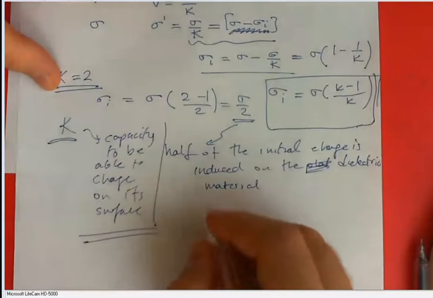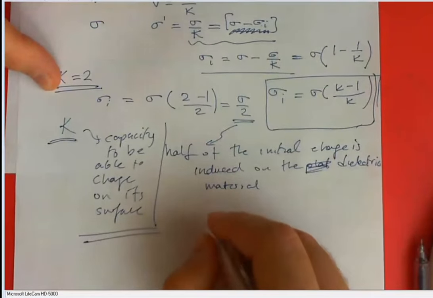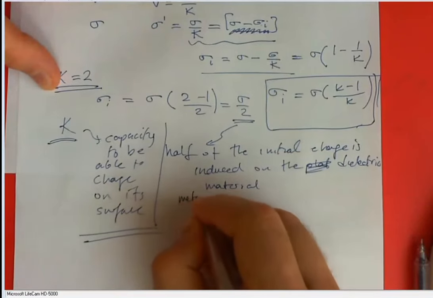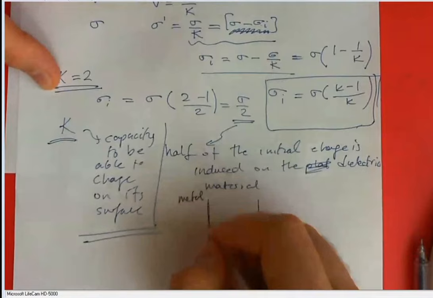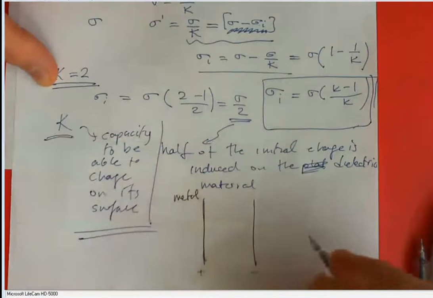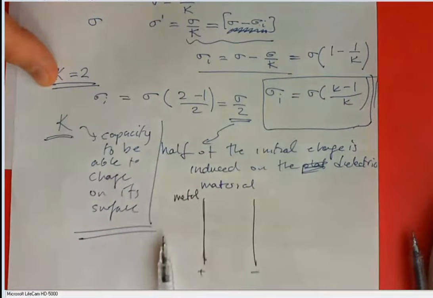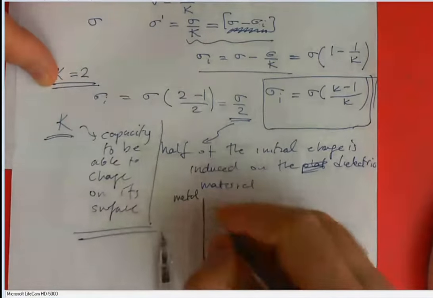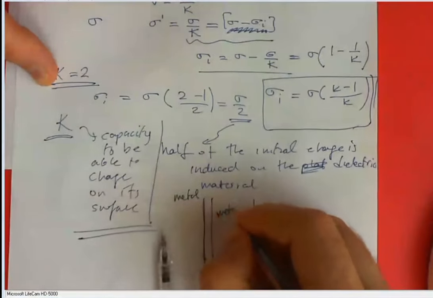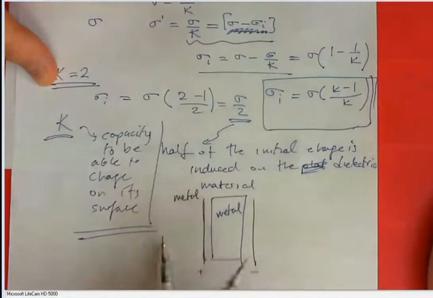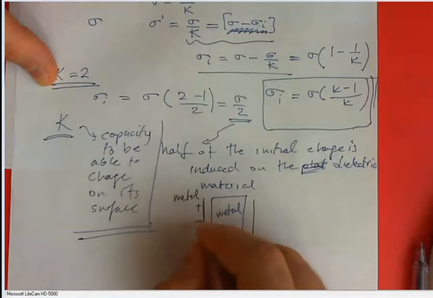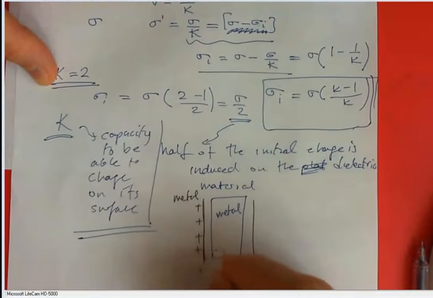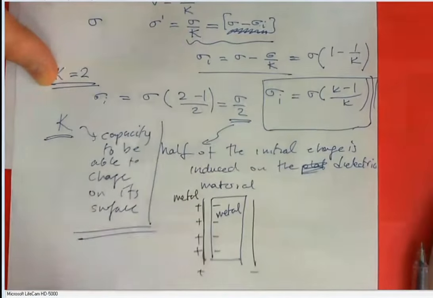Remember, for example, you have these metal plates, positive and negative, that's parallel plates. Imagine I put a metal slab here. Whatever you have here, you would have the exact opposite here.